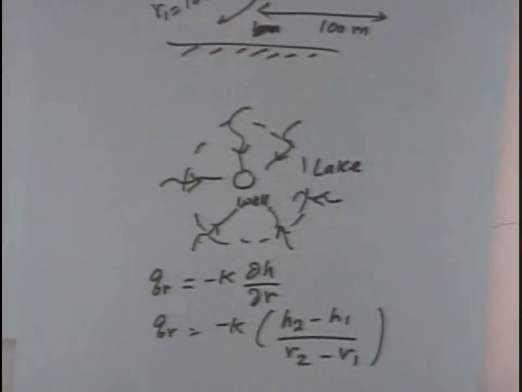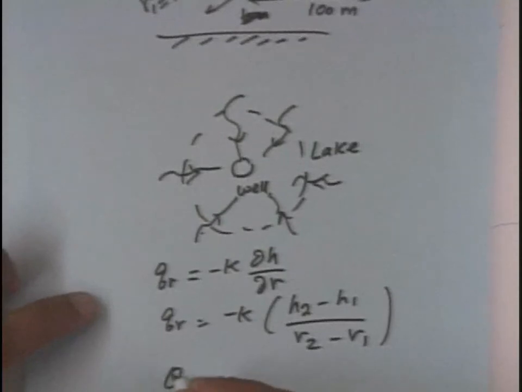And R2 is 100 meters, and H1 is what? 2. And H2 is 5. All you do is then find little q. Now the tricky part is, big Q is q times A.